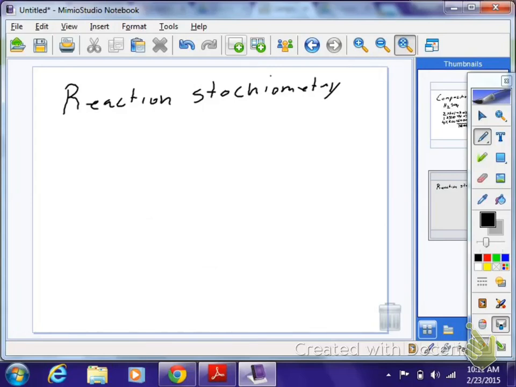At the top, you've got a reaction you were supposed to write out. The reaction would be taking nitrogen gas plus hydrogen gas gives you ammonia.